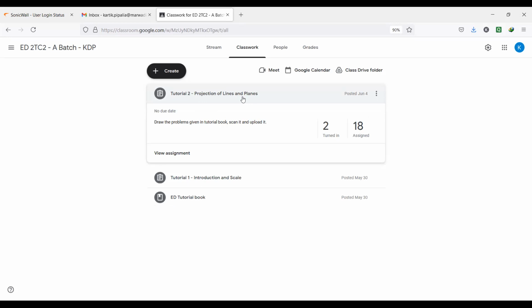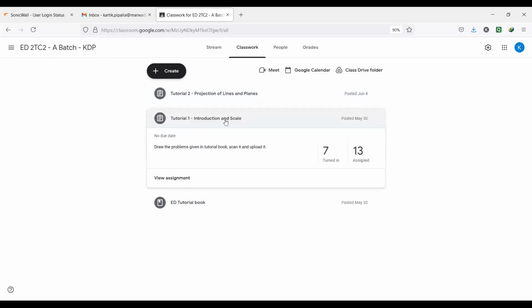Whether they are from your tutorial book or the problem which we are discussing right now or the problem discussed during your lecture time, any of the 3 problems you can select as per your choice. But in total, you need to draw 3 problems of line and 3 problems of plane. Clear? And then you need to scan it and submit it.